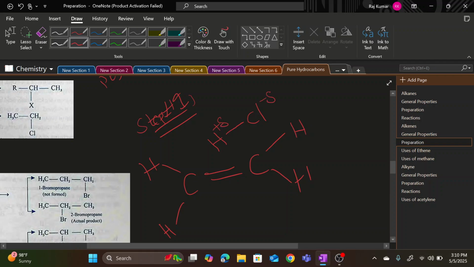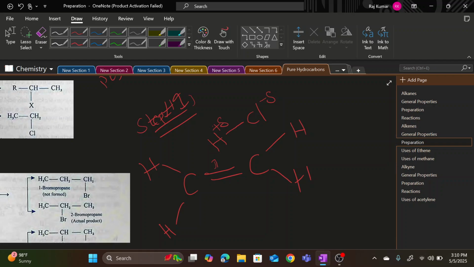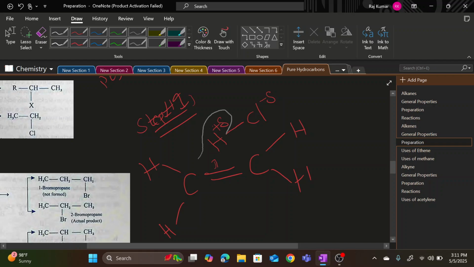It can be any hydrogen halide, hydrogen bromide or hydrogen chloride, but I'm taking the example of hydrogen chloride. The hydrogen has a positive charge, and over here there is a pi bond. The pi bond has pi electrons, which means it's negative. So this hydrogen would be attracted towards the pi bond.